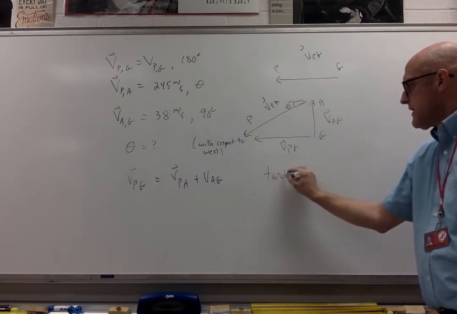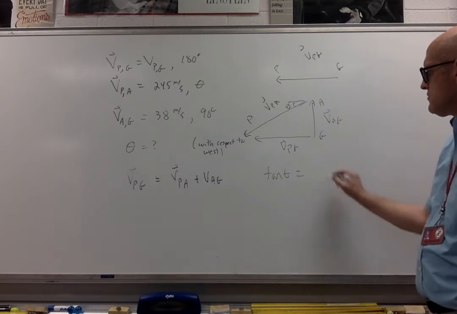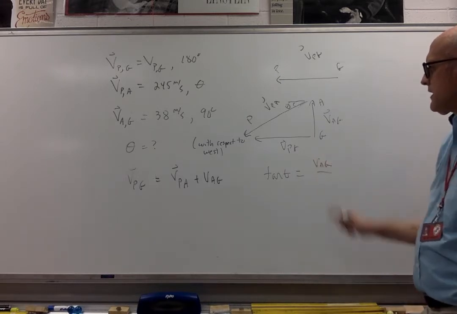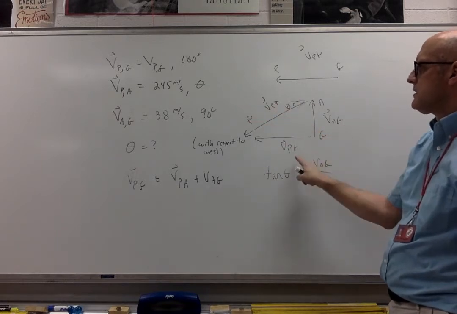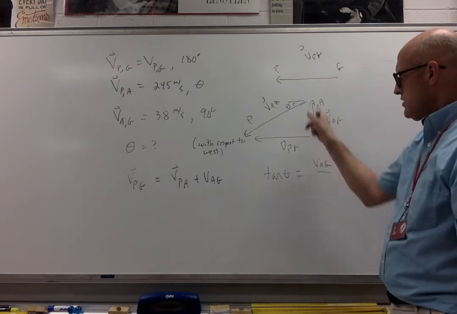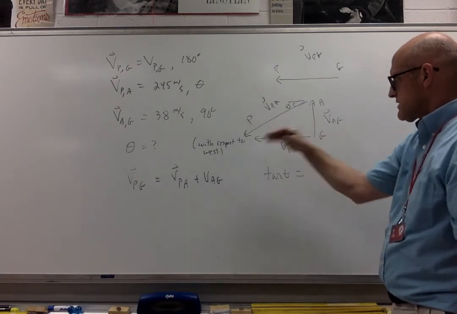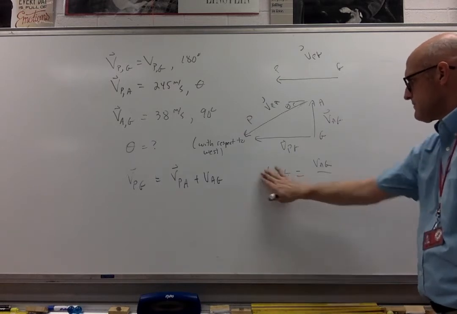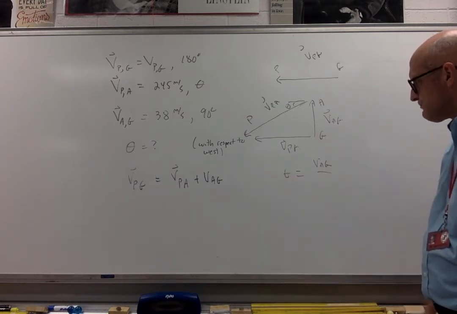And the tangent of that angle is going to be equal to VAG divided by, let's see, the side adjacent, but we don't know the side adjacent. So let's try another trig function.